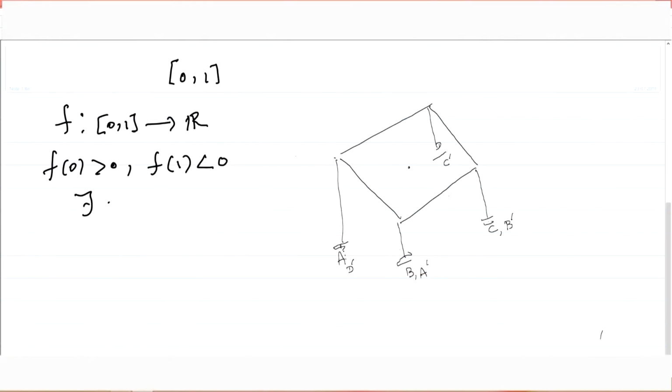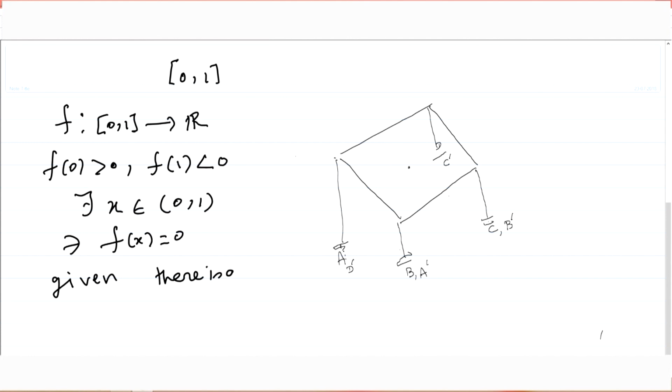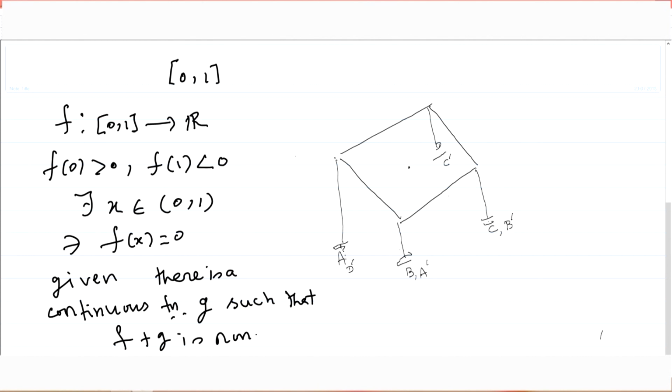Can you show that there exists an x in the open interval 0, 1 such that f of x is 0, given that there is a continuous function g such that f plus g is non-decreasing.